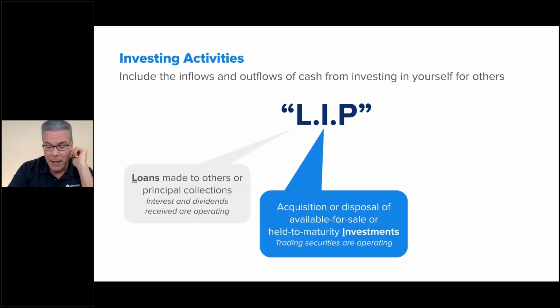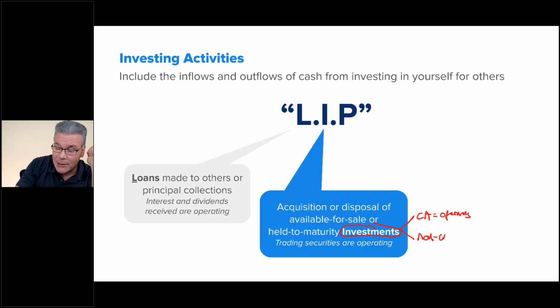When it comes to investments, folks, if they're classified as a current asset, that's going to be operating. So long as it's classified as non-current asset, then it's going to be investing. When you're on the buy side, cash goes down as the asset goes up.